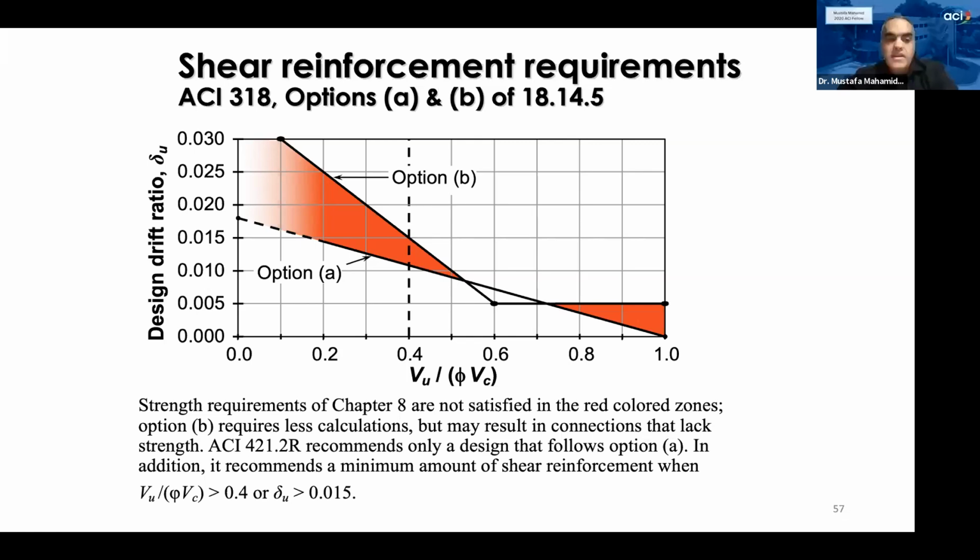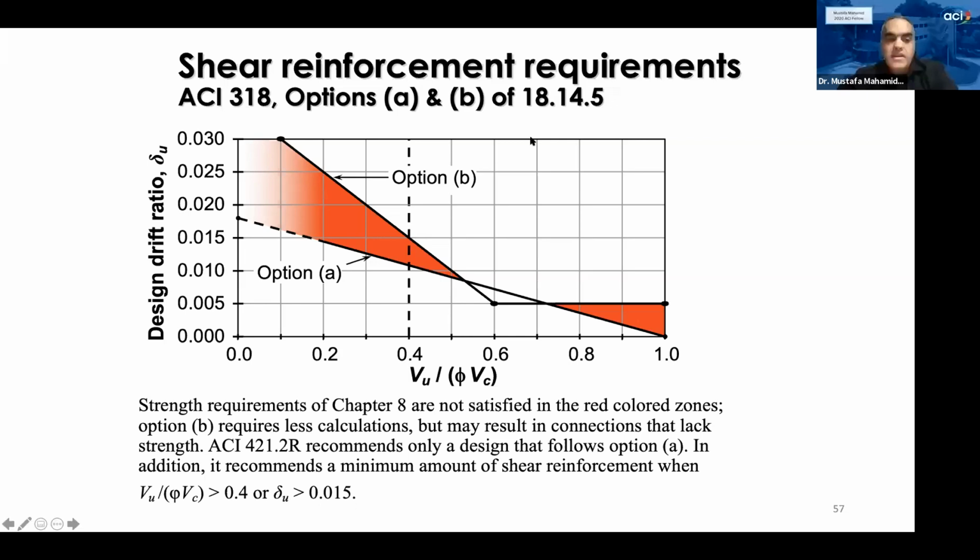Now, this discussion is actually more in 421.2R, right? About the provisions that are in chapter 8 of 2018. In addition, it recommends a minimum amount of shear reinforcement when Vu over phi Vc is greater than 0.4, or when the ultimate drift is greater than 0.015.